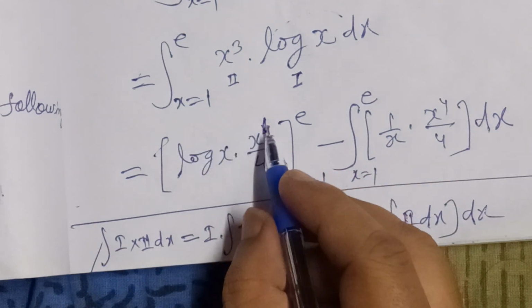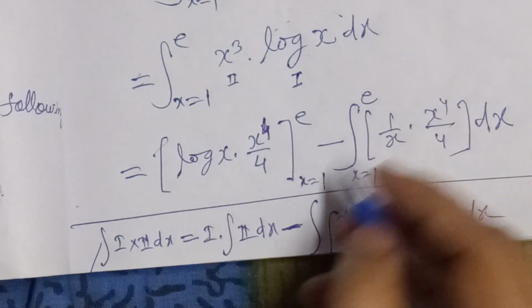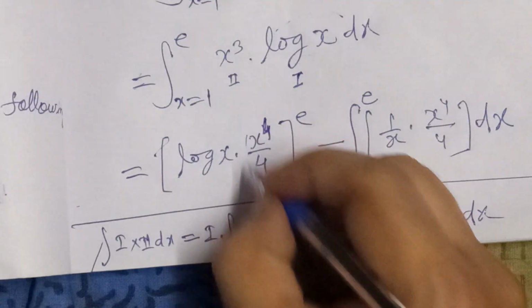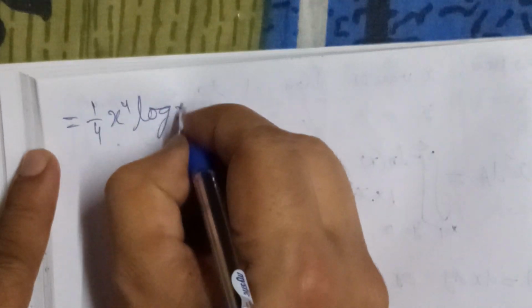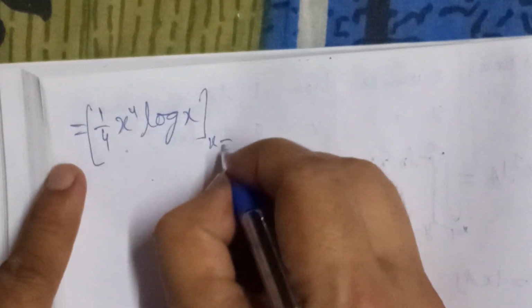Now we write this value first: 1 by 4 x to the power 4 log x, with limits x equal to 1 to e, minus.